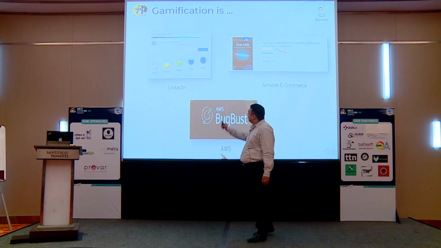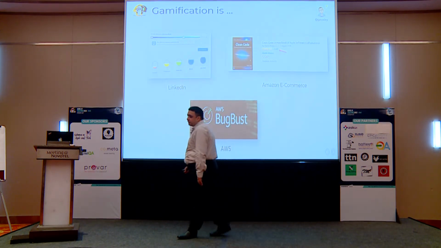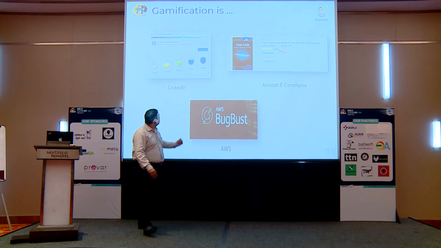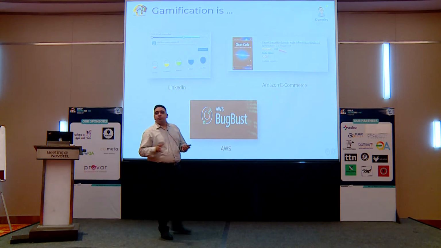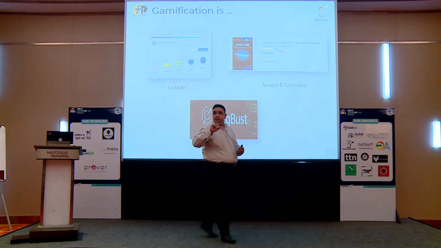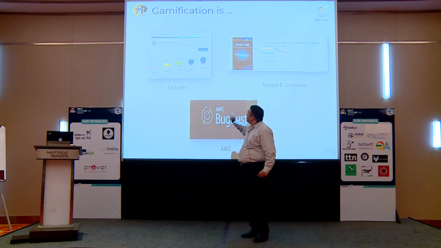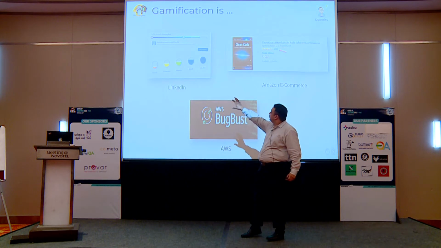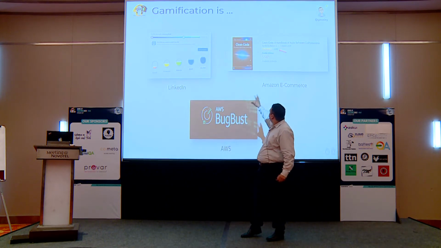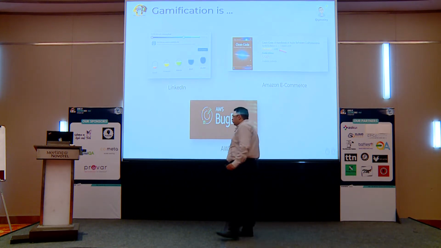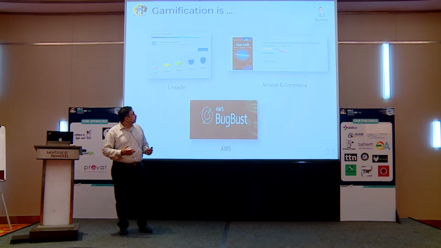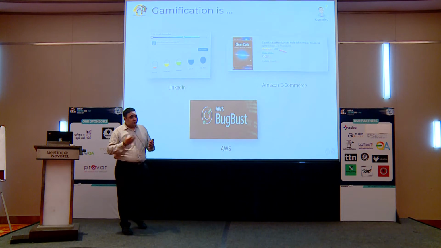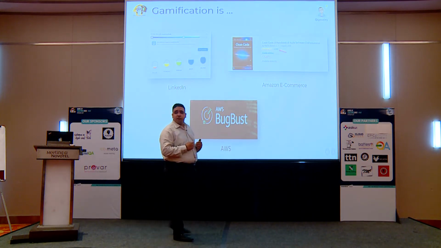When we talk of gamification, these are some real examples of how gamification has been implemented. Like if you see LinkedIn, when you are trying to submit your profile, right, you get this kind of a progress bar which says, okay, you're a beginner, intermediate, advanced, expert. Even if you see Amazon, like you're trying to purchase a product or some book, right, you get some sort of ratings there.